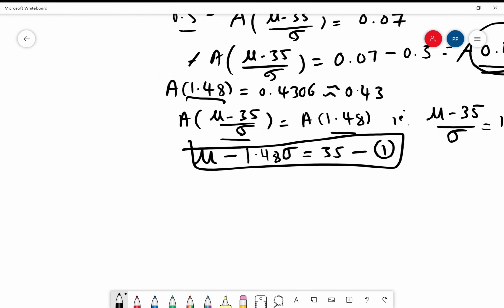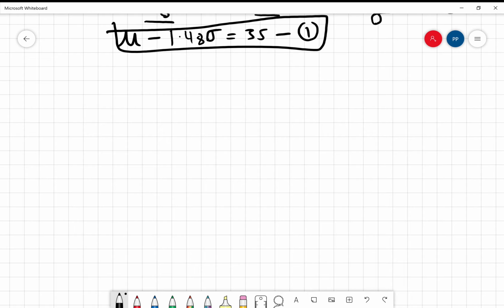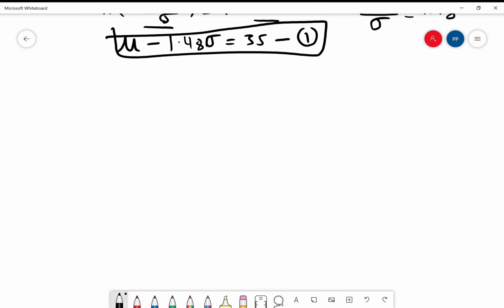Now, using the other condition, we have to find one more such equation. What is the other condition given? It's given that 89% are under 63. That is, P of X less than 63 equals 89%, which is nothing but 0.89.